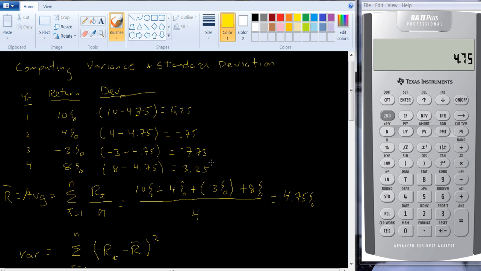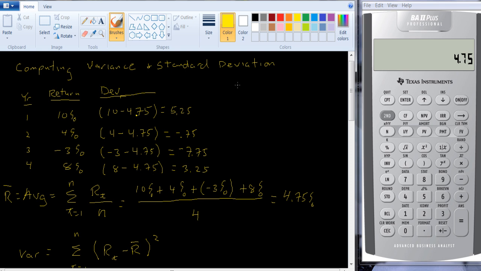Now, you'll notice that you have some positive numbers and some negative numbers. So if we just added those up, the positives and the negatives would cancel themselves out to some degree, and you wouldn't get quite as much information about how spread out you are around the average. So when we calculate the variance, we're going to square these terms. Then everything's going to become positive.